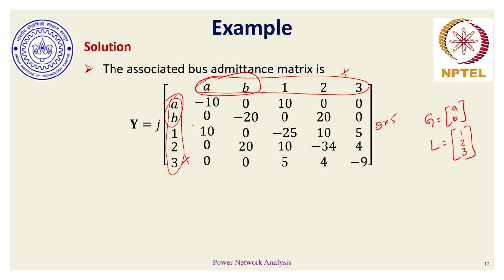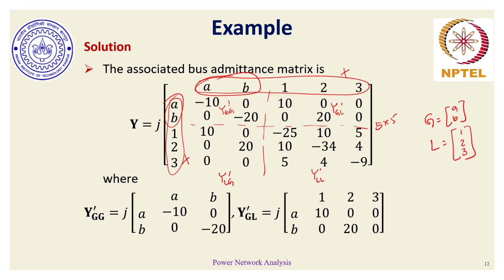So if I break this 5 cross 5 Y-bus matrix, then this 3 cross 3 lower half is YLL dash. The lower half present over here is YLG dash. The upper half here is YGL dash. And here I have YGG dash, which are also shown over here as per the corresponding row and column labels.